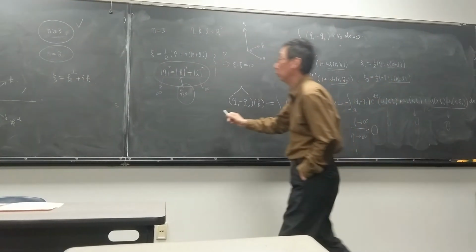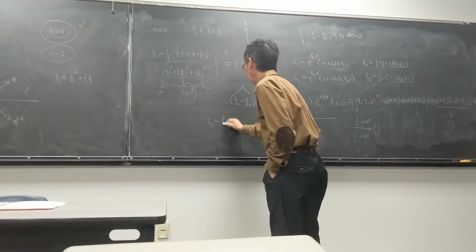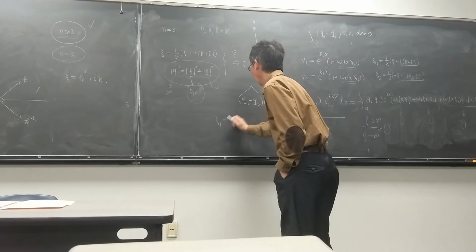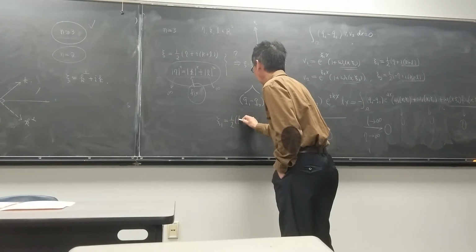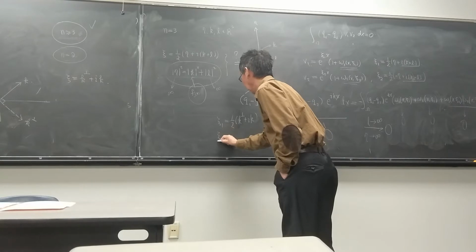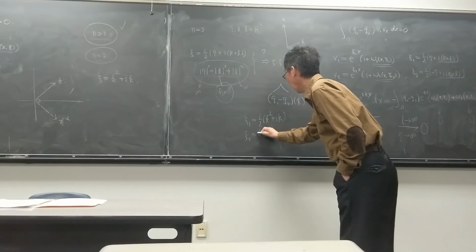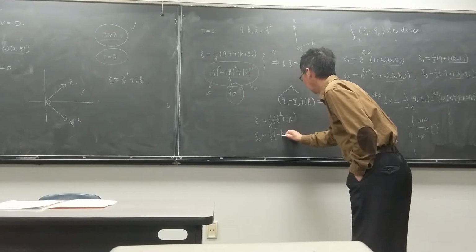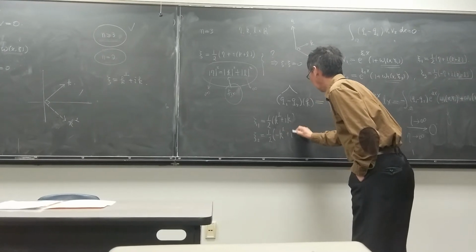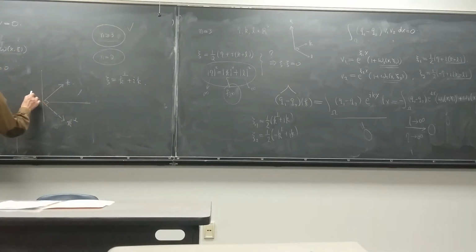Suppose you choose C1 equal to K perpendicular plus iK, and the other one you can choose, in order to match here, the second one will have minus K perpendicular plus iK. That's the one here, the second one here, right?